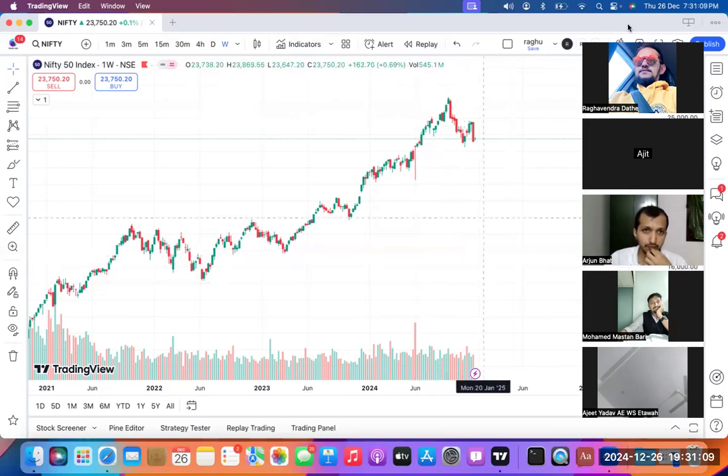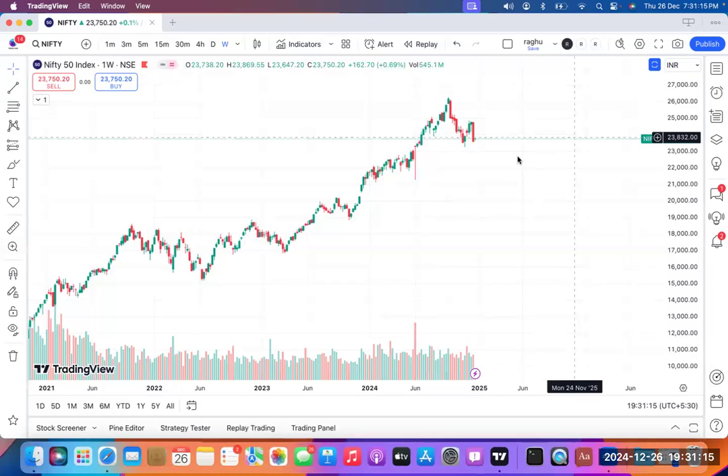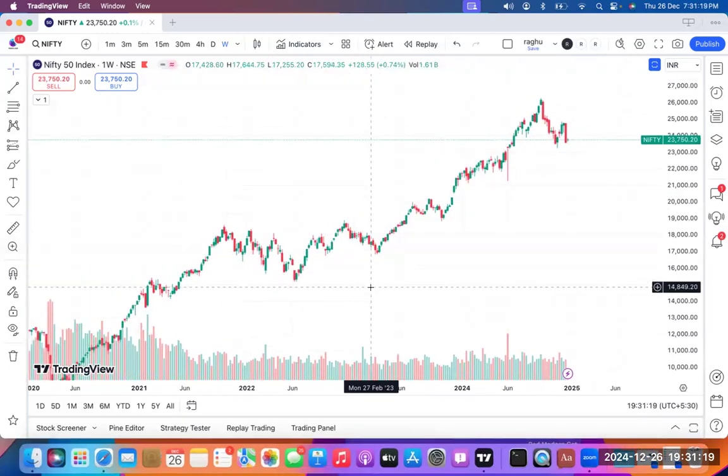Now in this chart, what is happening? I just close my video, okay, so I can concentrate on the chart. So what is happening in this chart? This is very basic. Maybe you already know, but why am I starting from zero? Because every perspective of looking at the chart is different.